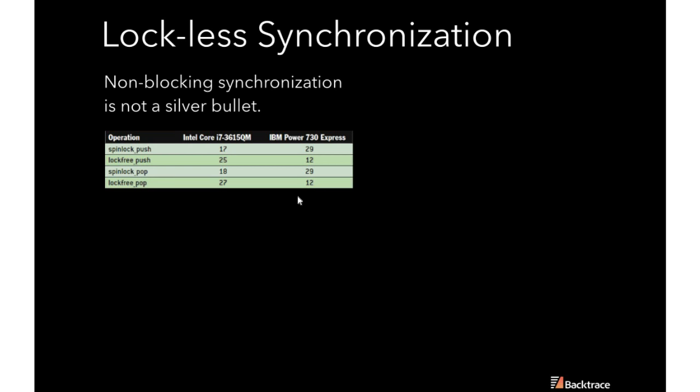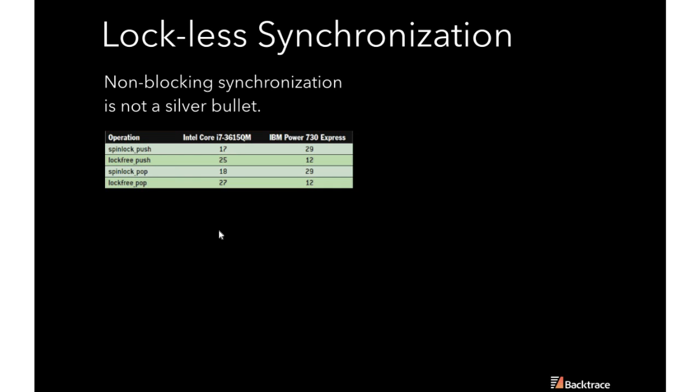Over here, we compare the cost of a stack that's protected with a spin lock, its push operation, and a lock-free push operation on an x86 processor and a power processor. x86 is using compare exchange, power is using load-link store-conditional. And these are the pop operations. For example, you can see the spin lock protected stack, at least in the uncontended case, has significantly better performance than the lock-free implementation.